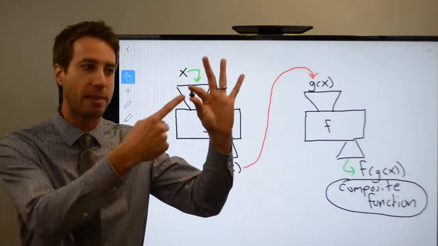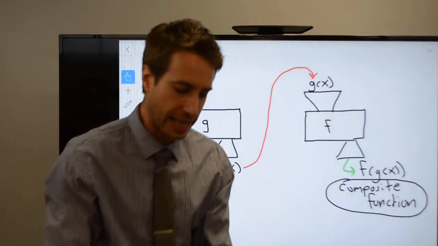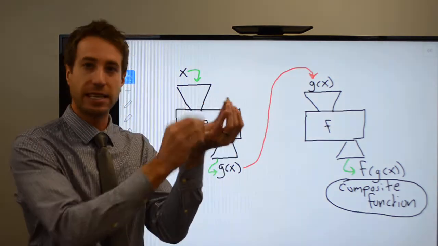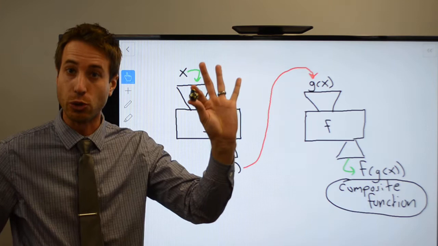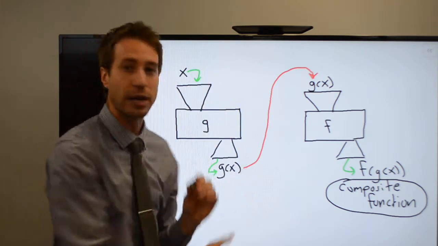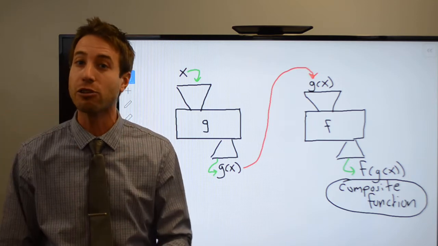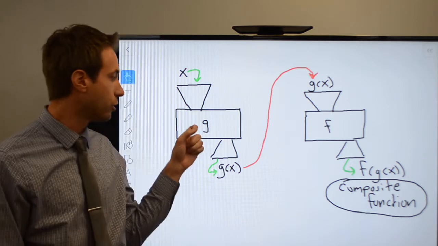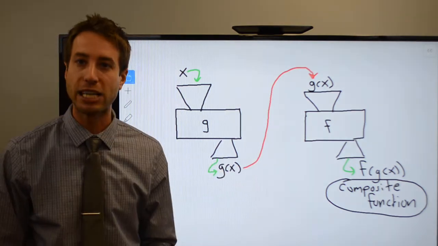So I take some domain value of x, put it inside of a function, and I get something new, something different. I get out a range value. And generally that's where we stop. You have evaluated your function g for some domain value, and you've gotten out your range value.